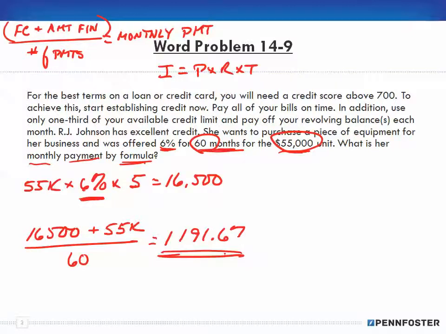Okay, so that seems to be relatively easy and relatively straightforward, and that's quote unquote doing it by the formula. So anyone who wants to stop watching the video, go ahead and stop, because that problem is worked out, and this answer of $1,191.67 is acceptable.